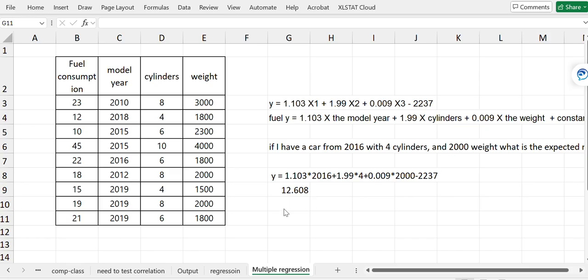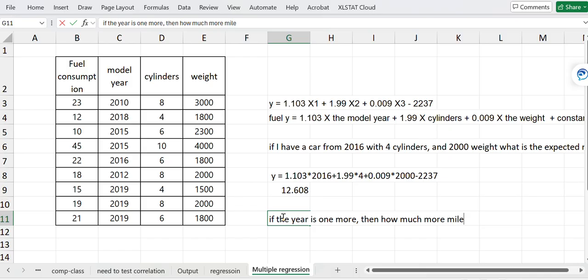Okay. If the year is one more, then how much more mileage can I expect? So if the age is one more, instead of 16, if it becomes 17, how much extra mileage can I expect?